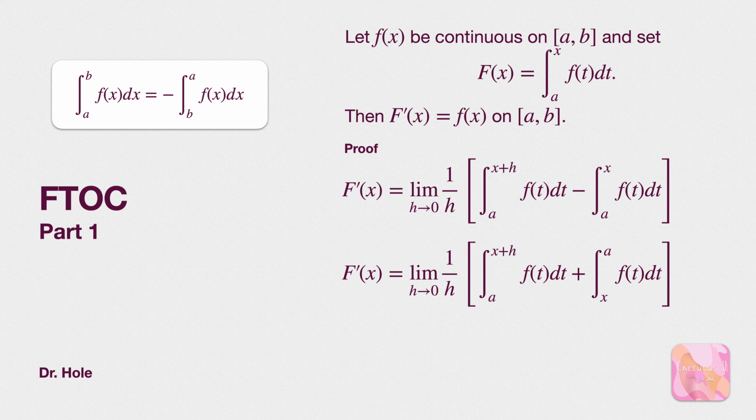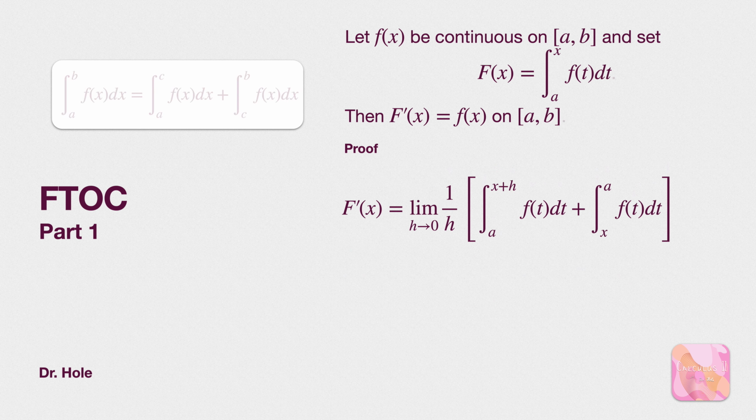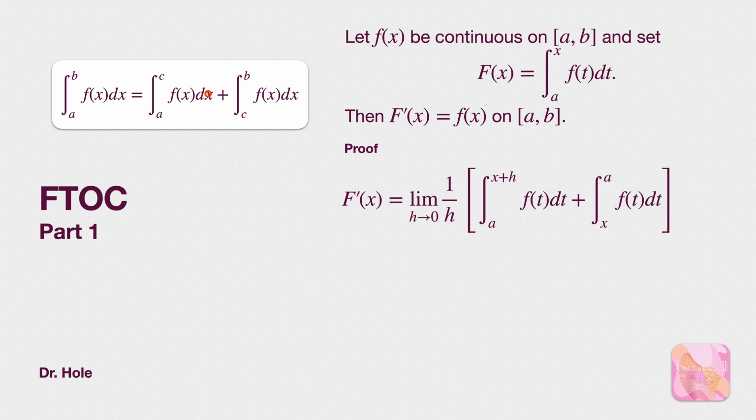Okay. So that's using a property of integrals. There were many properties of integrals. Let's recall one other. Here's another one. That a single integral can be broken up into a sum of integrals if we find a common value for an upper and lower bound. And then in our expression, we have exactly that.